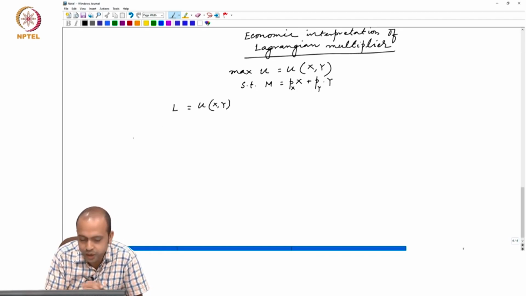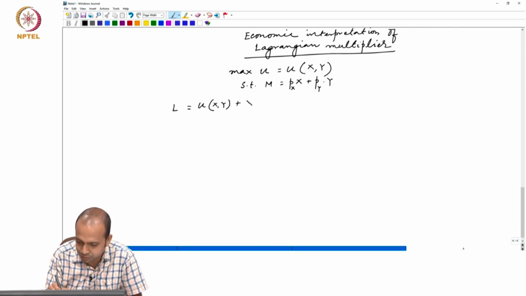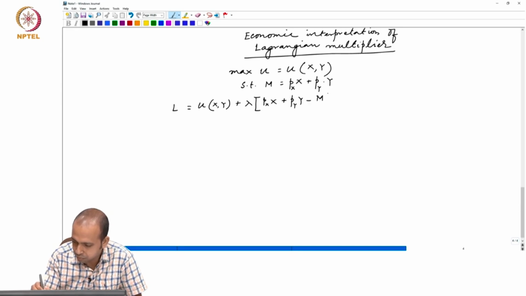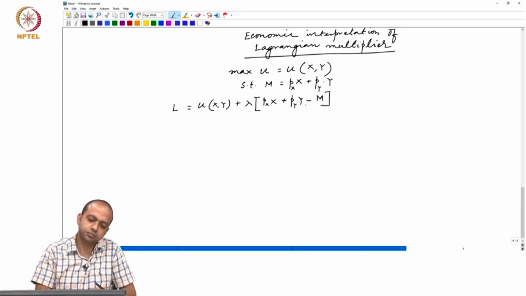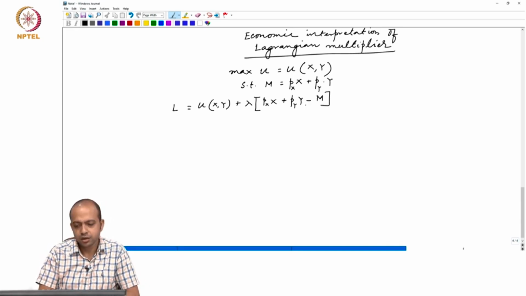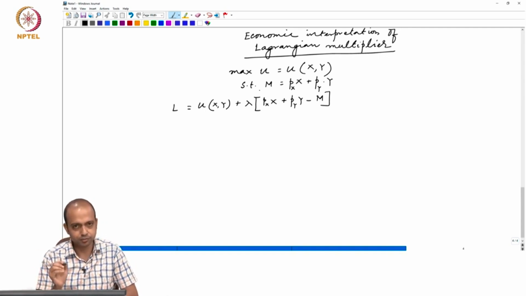First we have to write the objective function plus a Lagrangian multiplier lambda into px into x plus py into y minus m. Or you can write m minus this, that is also fine.